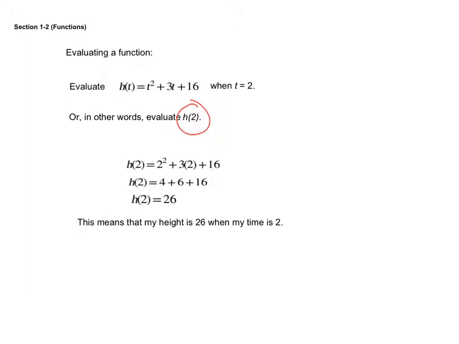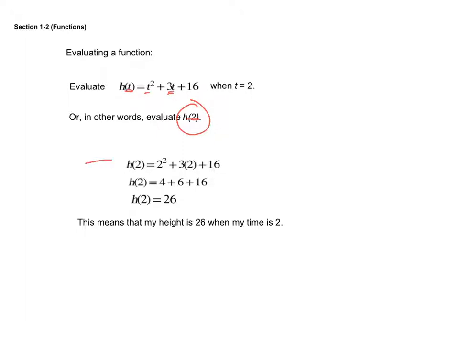I can write h of 2. So h of 2 here basically means I take this 2 that's in here, I took the t, and I replaced it with 2. So in my equation, everywhere I see a t, I replace it with the number 2.